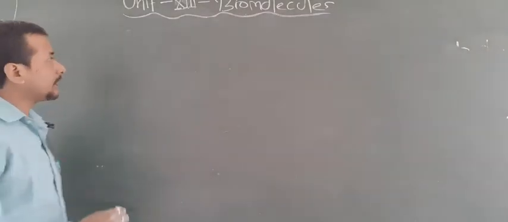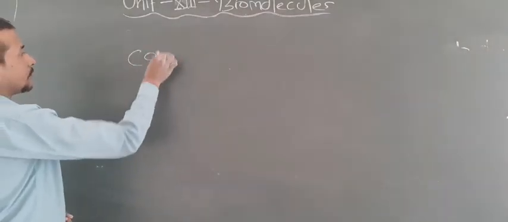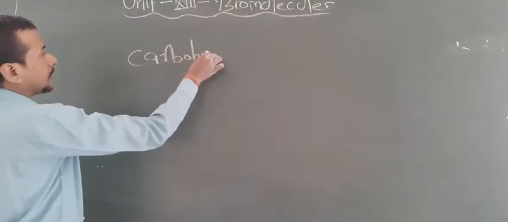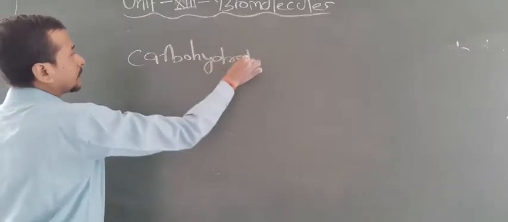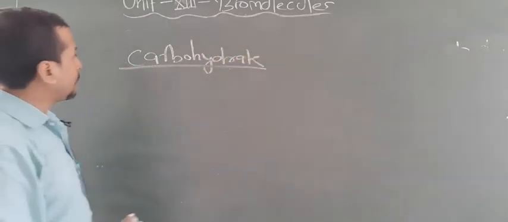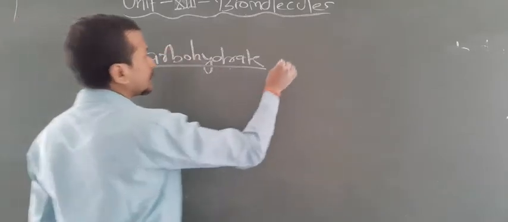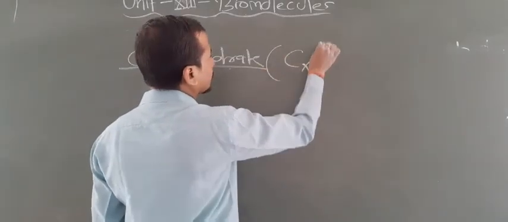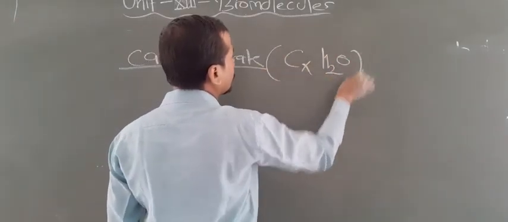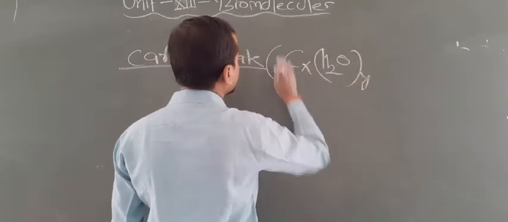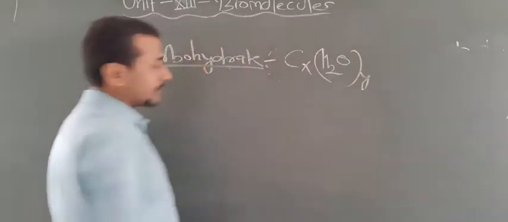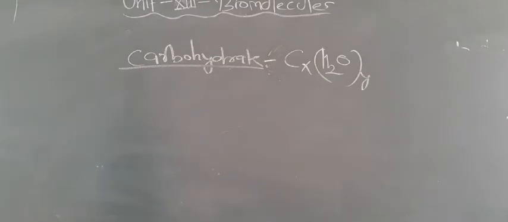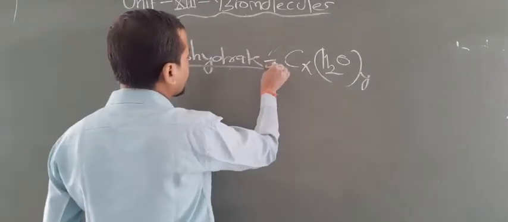Now let us define carbohydrates. One question may be asked: define the carbohydrate. The general formula of carbohydrate is CxH2yOy. Okay.